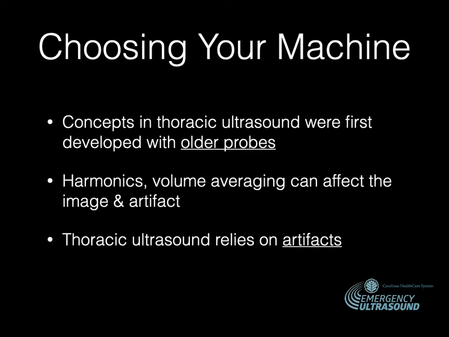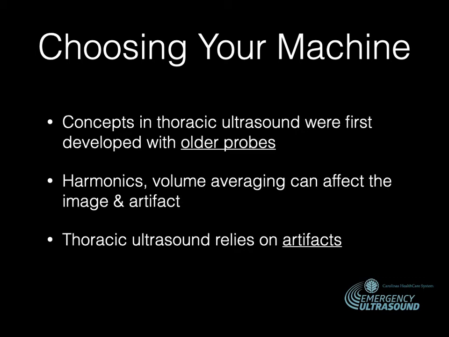When it comes to choosing your ultrasound machine, thoracic ultrasound was first developed with older probes. These older probes were not as nice as the probes we have now. Right now we have harmonics, we have volume averaging that give you these really nice, beautiful images, but they can take away the artifacts that led to thoracic ultrasound.